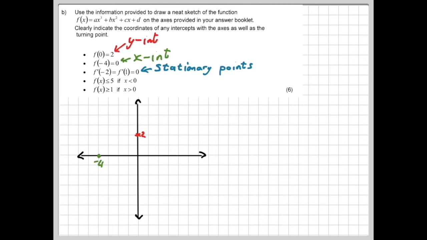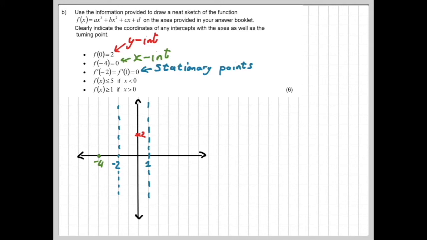As simple as that. Now, the stationary points, I don't know exactly the y values yet. So I'm going to just say, well, at negative 2 and at 1, somewhere on those x values, I know that the graph is either going to turn or be stationary.